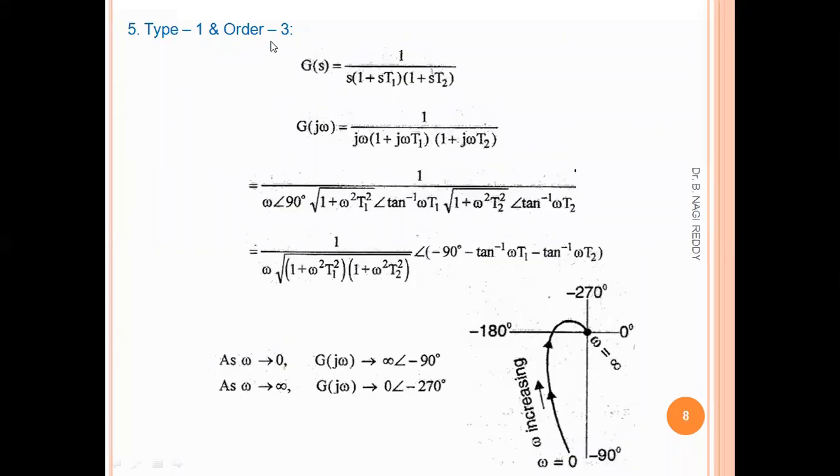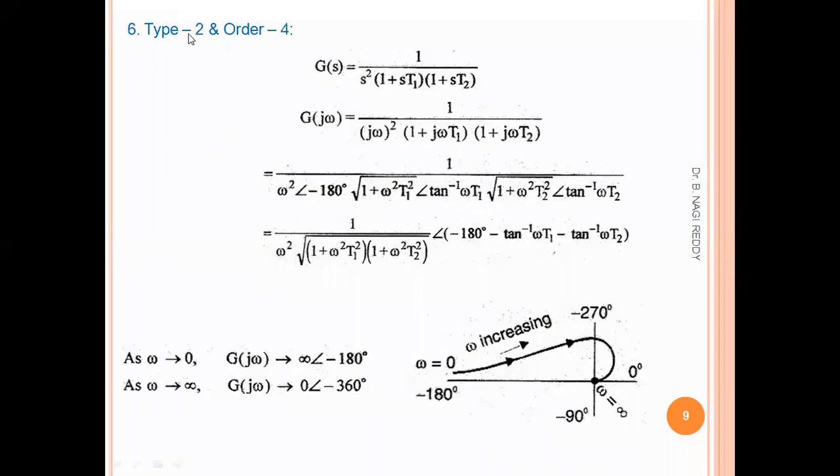Similarly, you can check for type 1 order 3. You try here, type 1 order 3. You take this example and calculate the magnitude and angles, and substitute omega 0 and omega infinity. You'll calculate the magnitude and angles, and you can draw the shape of this particular system, which is type 1 order 3. Similarly, for the sixth case, type 2 order 4, you can see type 2, right?